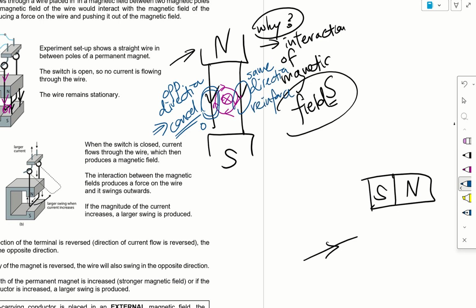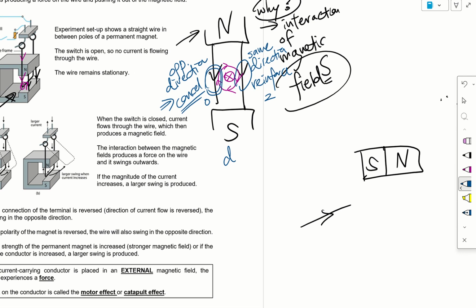They will not cancel each other out. So I will say there will still be two magnetic fields. Okay, so the direction of the force is from more to less magnetic field. More to less magnetic field lines.